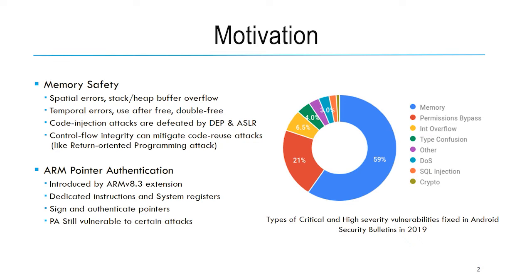Therefore, ARM introduced pointer authentication in the ARMv8.3 extension, utilizing dedicated instructions and system registers to sign and authenticate pointers efficiently. But PA is still vulnerable to certain attacks, and this motivates us to do this work.